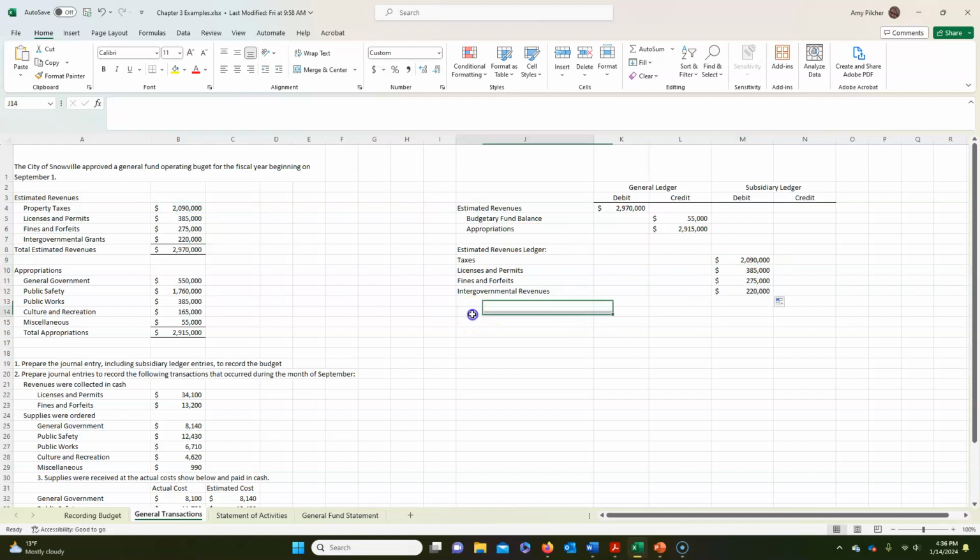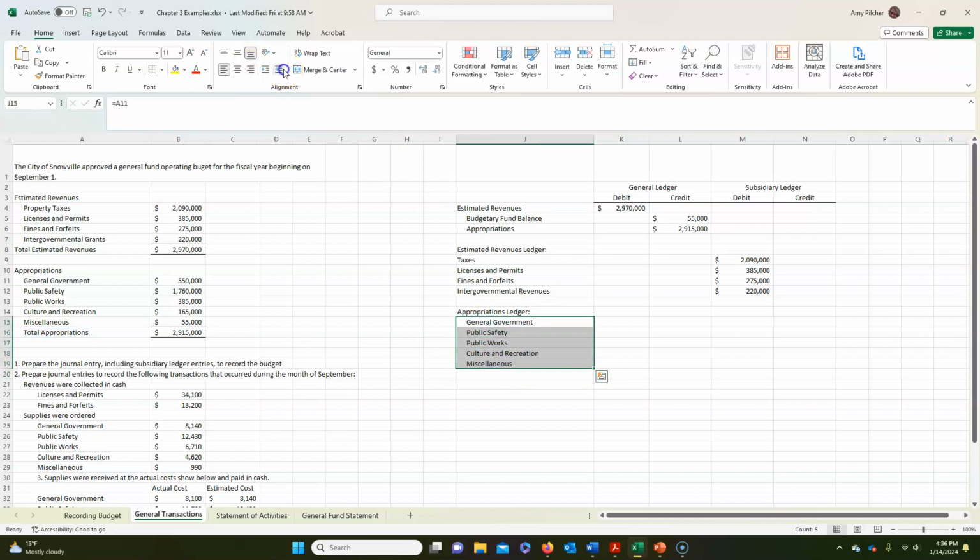And then we have our appropriations ledger. I'm again just going to copy these over, copy them down. We don't need the total.